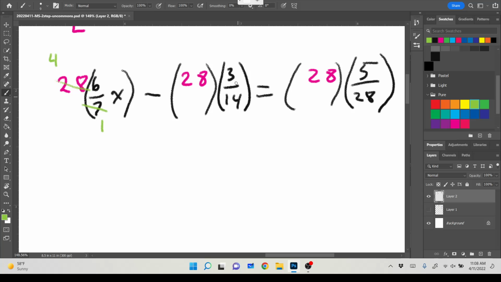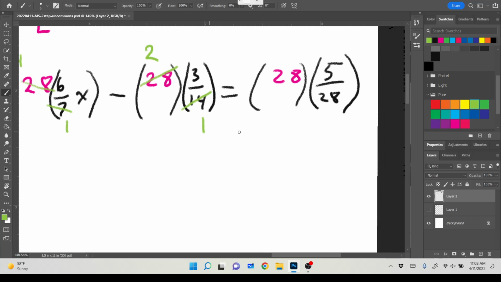What are we going to reduce these guys by? 28 and 14. What are we going to reduce those by? 14. What's 28 divided by 14? 2. And then 14 divided by 14? And then what are we going to reduce these by? 28. So 1 and 1, right?